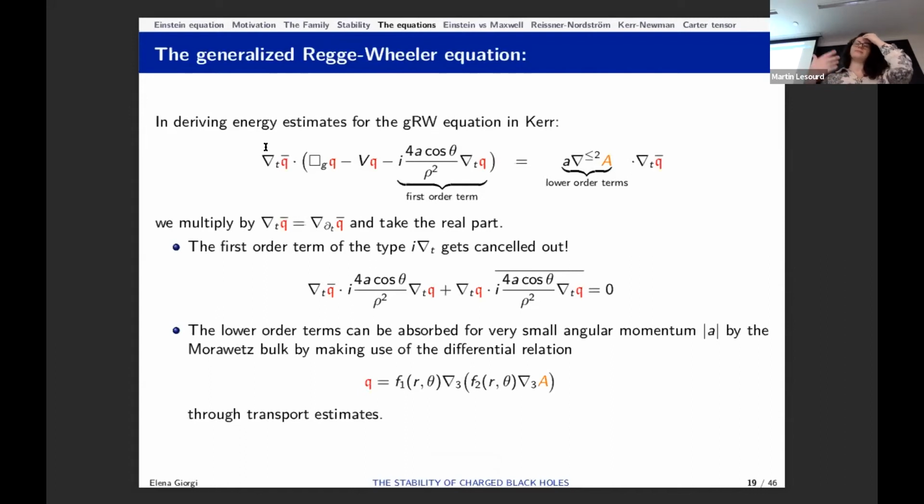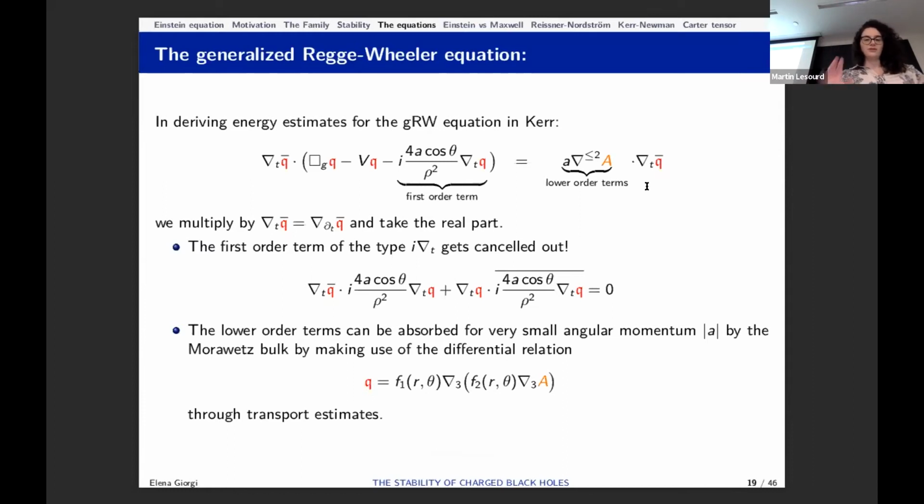process. What I'm saying is that this left-hand side, the box minus potential plus a term of this form, still has good divergence properties in applying the divergence theorem, in doing the vector field method. So it's not like a magical cancellation. It's just that the structure is good enough. For the energy estimates, it's almost like you don't have this term there.